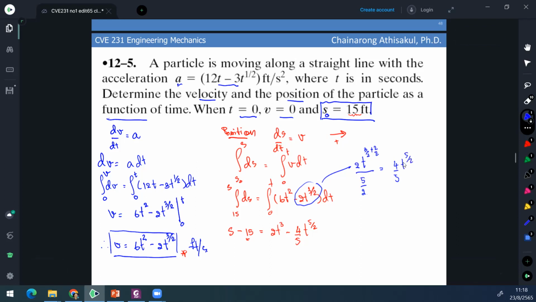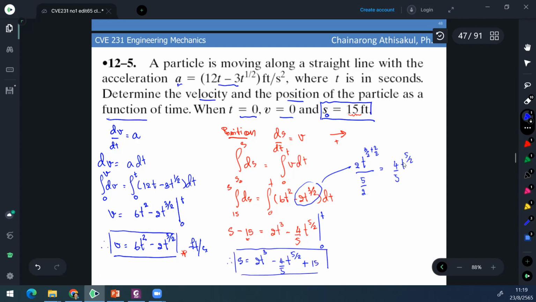And the limit of integration is from 0 to t. According to this, we have the equation of s equal to 2t cubed minus 4 over 5 t power 5 over 2, and then plus 15. Do not forget this term, that is from the limit of integration. For this case, s0 is not equal to 0, so do not forget that.